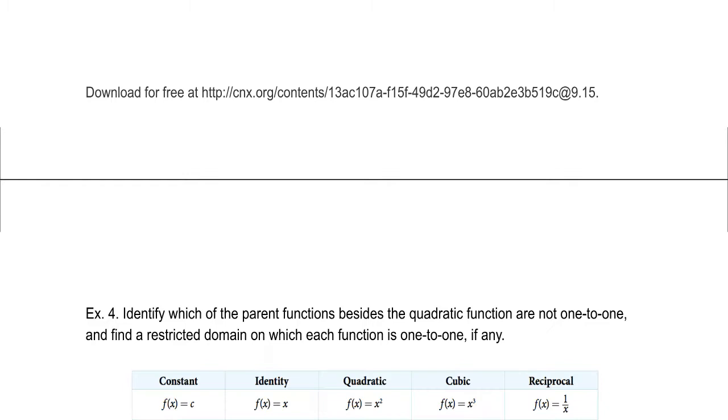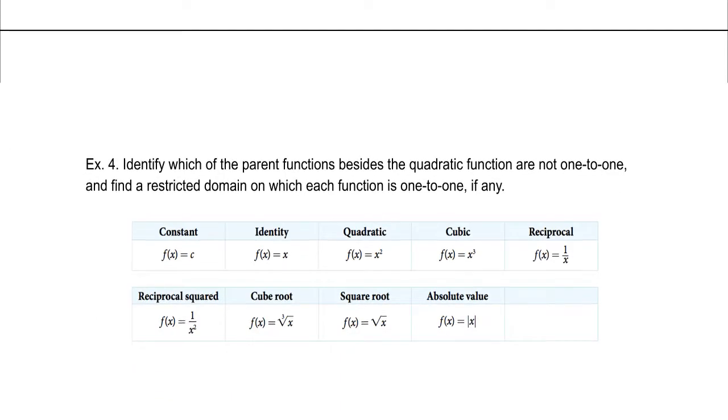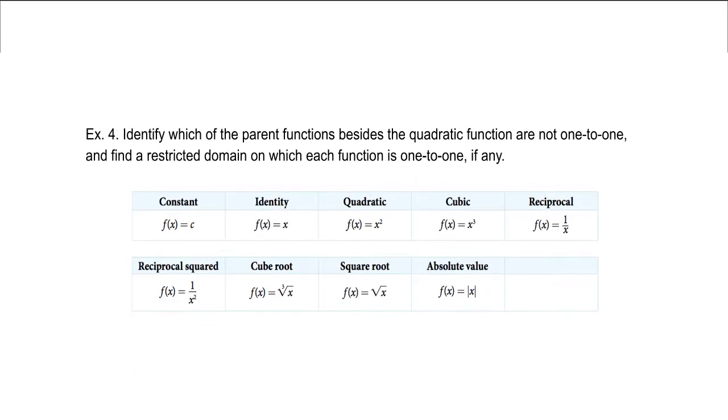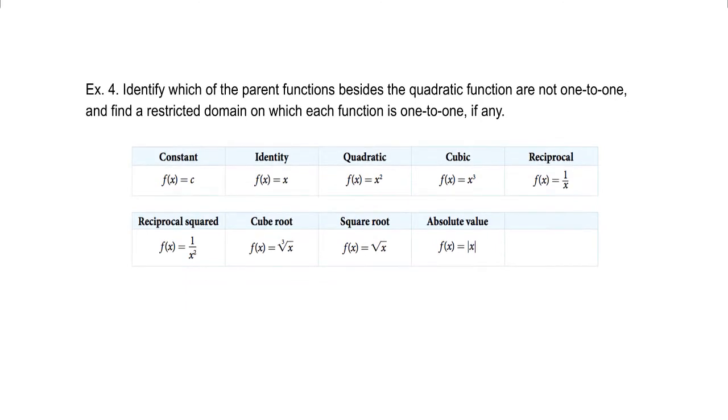All right. Example 4. Identify which of the parent functions besides the quadratic function are not one-to-one, and find a restricted domain on which each function is one-to-one, if any. All right, I'm going to draw a very quick sketch of each one of these here. All right, we have the identity function.